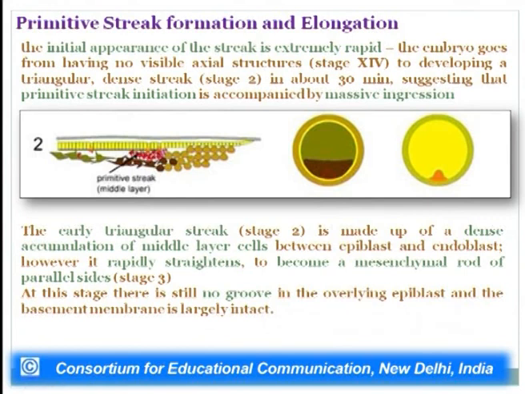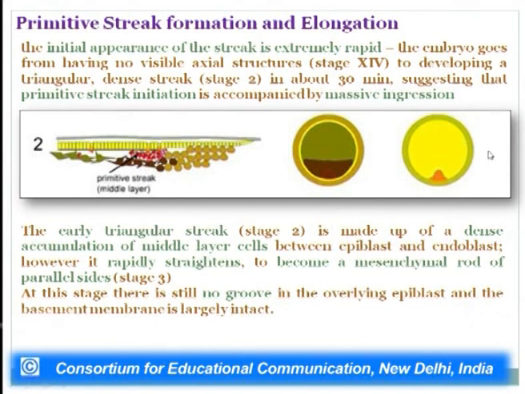It appears as a ridge or a thickening, and then soon it straightens up to become a mesenchymal rod of parallel sides. So, we will see that this primitive streak that appears as this kind of hilly region will straighten up, and it will cover three-quarters of this particular layer.